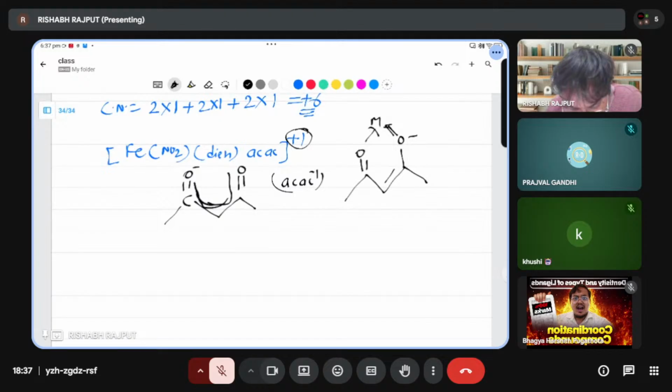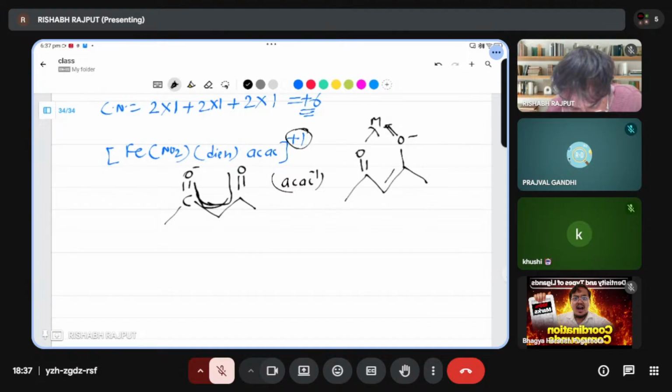Try here. X for iron. For NO2, -1 will come. For diethylenetriamine, 0 will come. For AC, -1 will come. Outside, +1 charge is there. So now X value will come +3. And how to find the coordination number? For NO2, 1 is there.